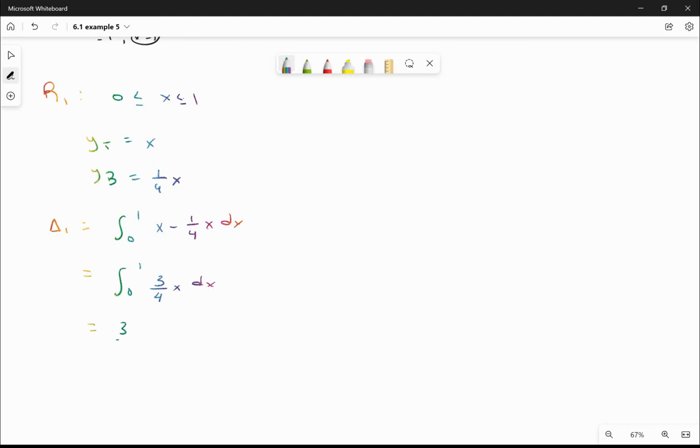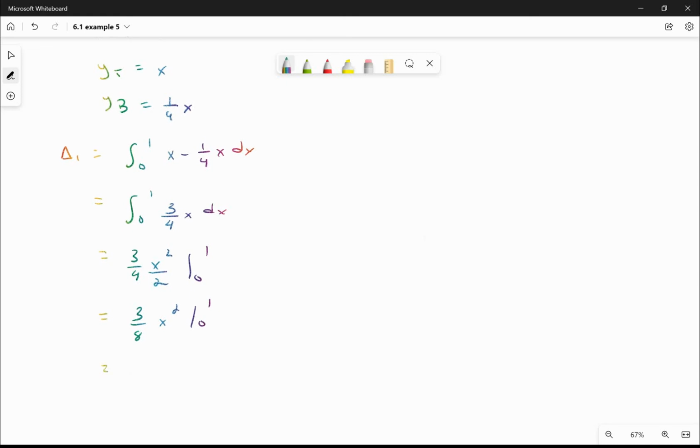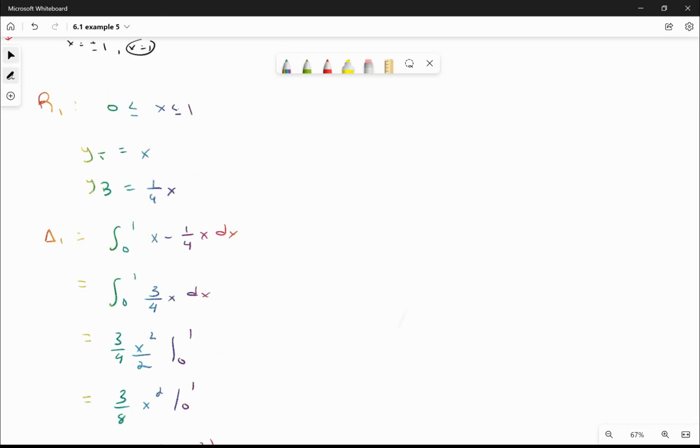So this is 3/4 x squared over 2 from 0 to 1. And that is 3/8 times 1 squared minus 0 squared, which is just 3/8. So that's A1.